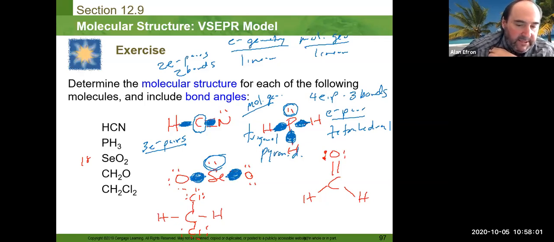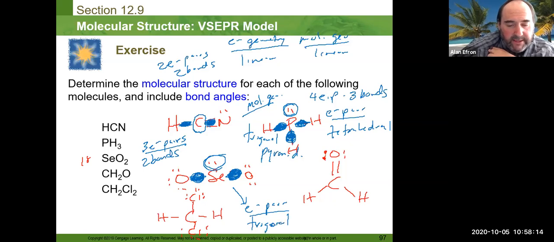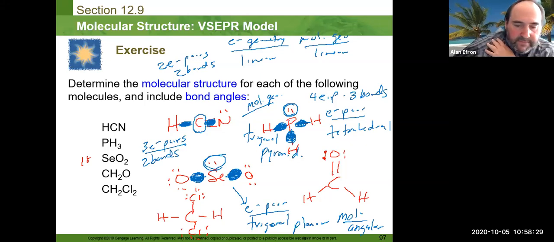So something with 3 electron pairs in terms of its electron pair geometry is going to be trigonal planar. Along with our 3 electron pairs and 2 bonds, that is going to give us a molecular geometry of angular or bent, whichever way you want to say it. Any questions on those few so far?